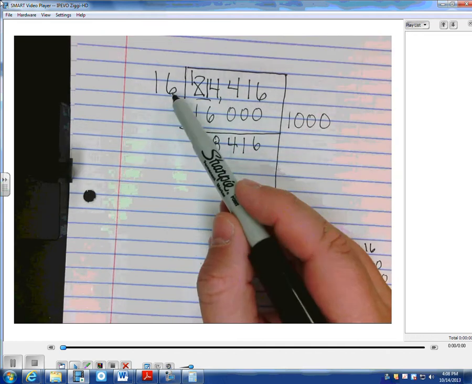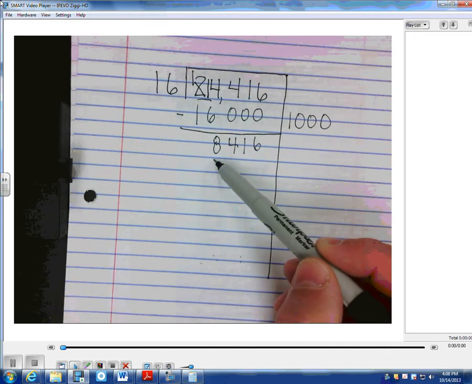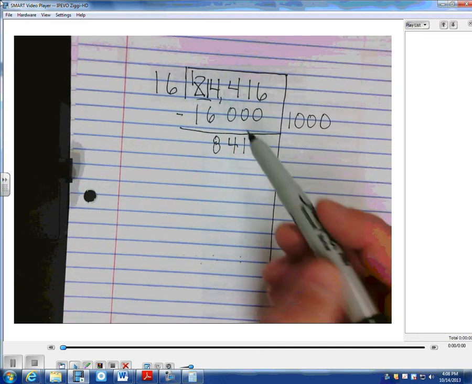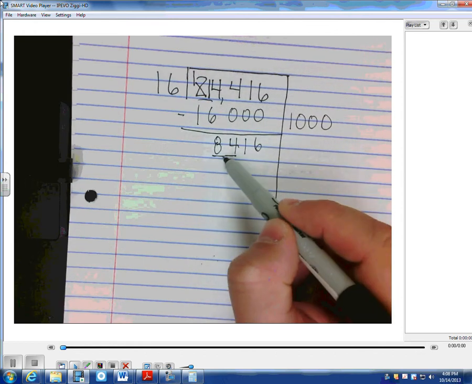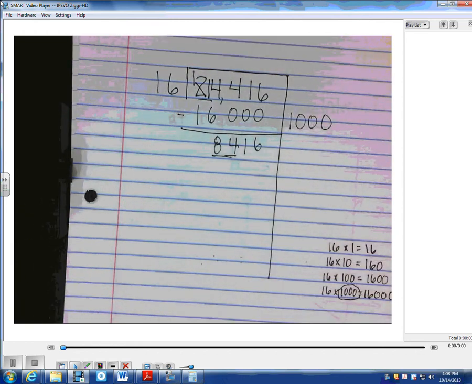Again, you'll ask yourself, can 16 go into 8? It cannot. 8 is smaller. Can 16 go into 84? The answer is yes. So you determine how many times 16 can go into 84, and then continue with your multiplication using the powers of 10 and continue on with the problem.